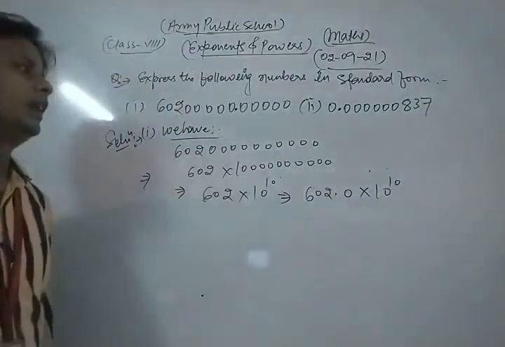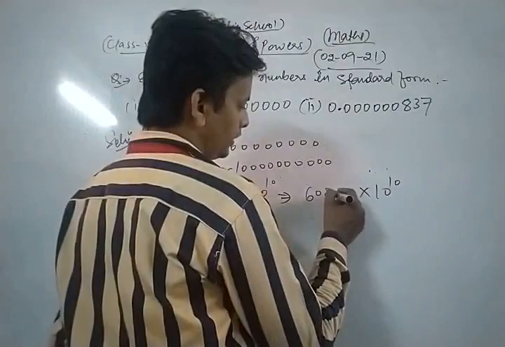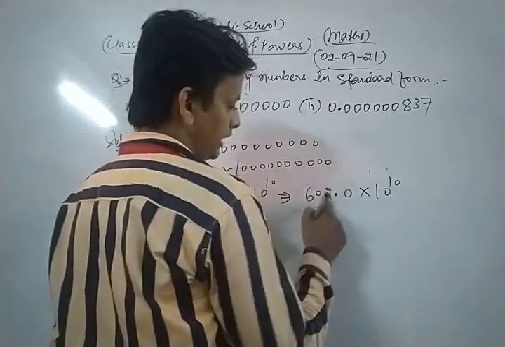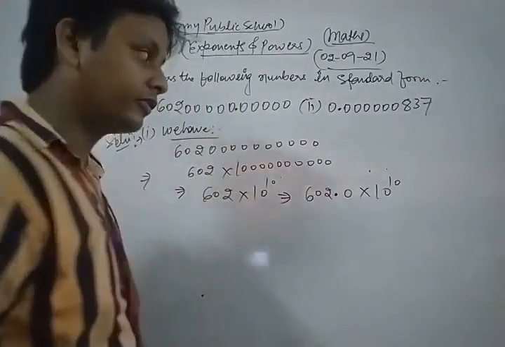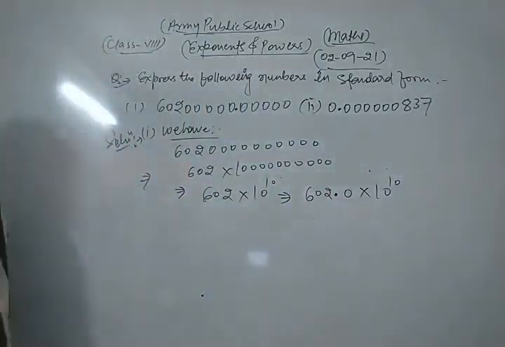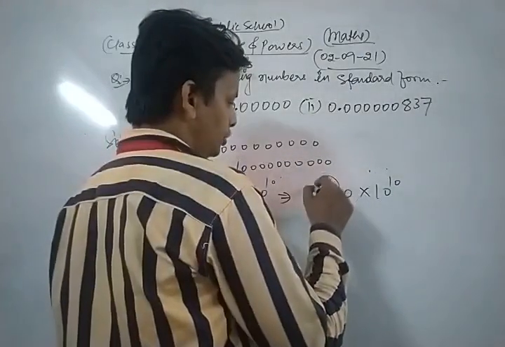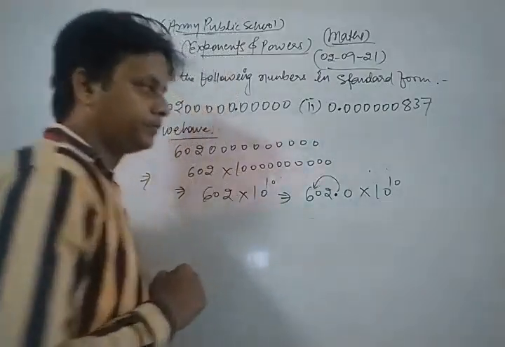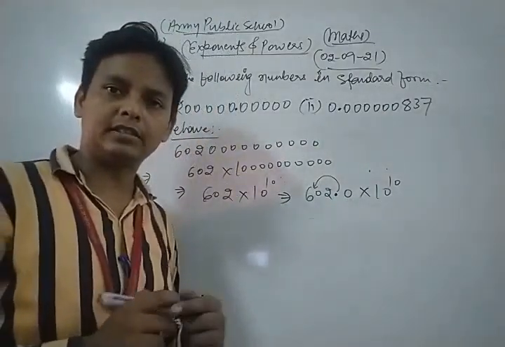Now look, dear student, on the left side of this decimal there are 3 digits, but in standard form there is only 1 digit on the left side of the decimal. So we move the decimal 2 positions left, to the point after the 6.